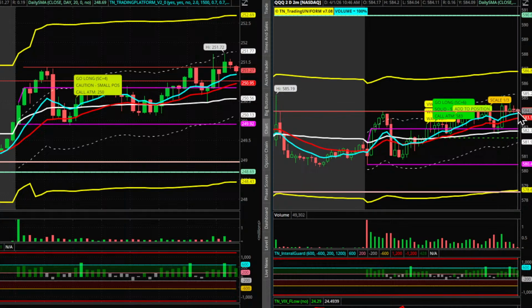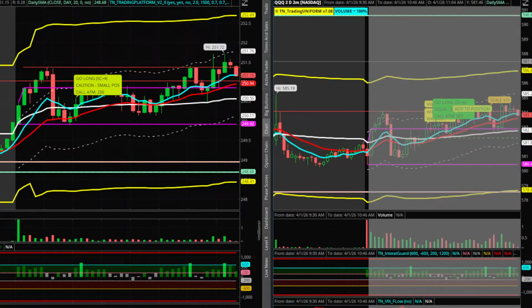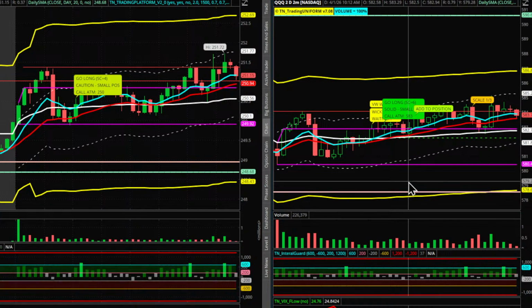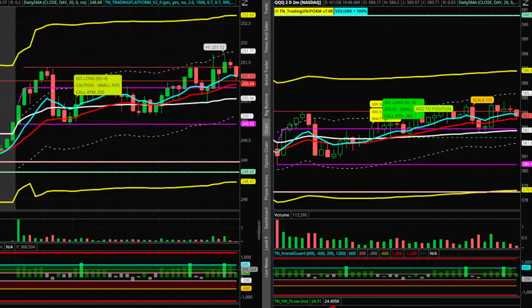If it consolidates and breaks out, it could go up and test 586, but hopefully it's not gonna get slammed.